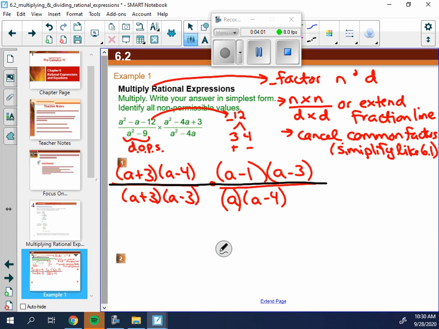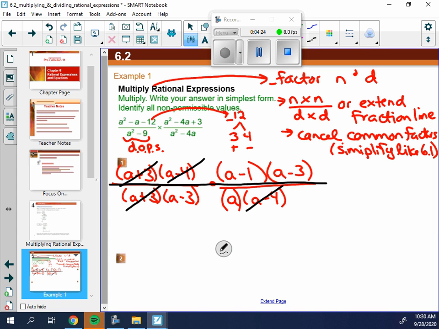Now, I can cancel common factors. So this one here, a plus 3 and a plus 3 could have been canceled in the beginning, and that would have been fine. But now what you can see is this a minus 4 in the numerator can cancel with the a minus 4 that was in the other term's denominator, because it doesn't really matter where they were.